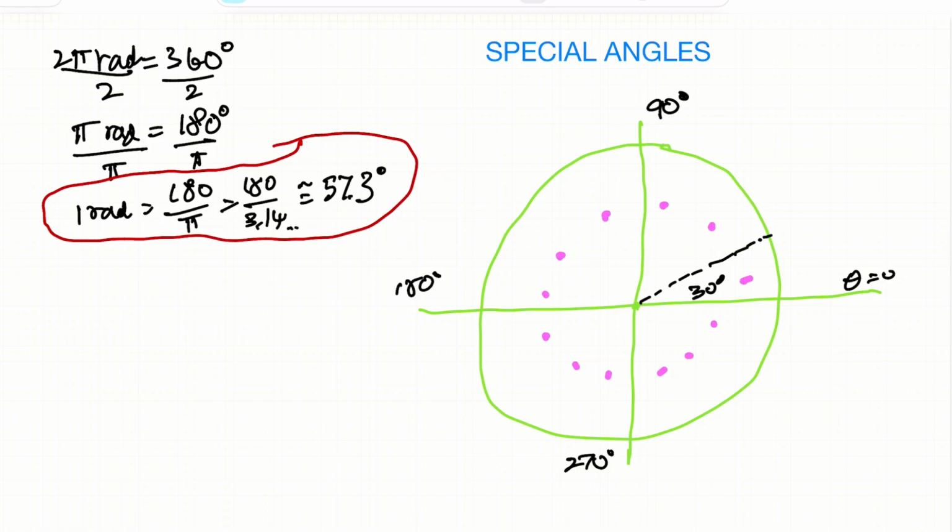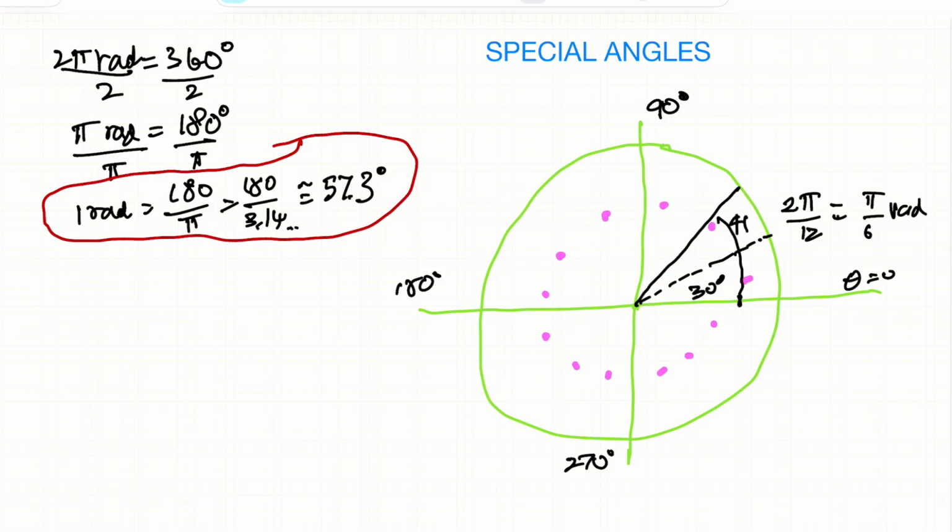So what we know is that 30 degrees is 2 pi radians, that's for a full circle, divided by 12, which is just equal to pi over 6 radians. So that's for 30 degrees. Now look at 45 degrees.